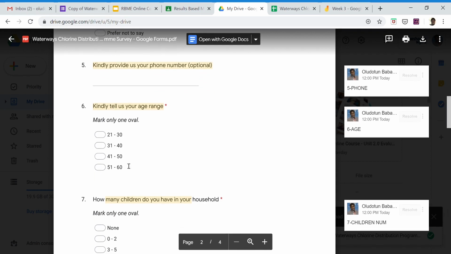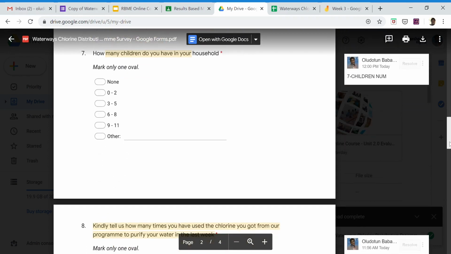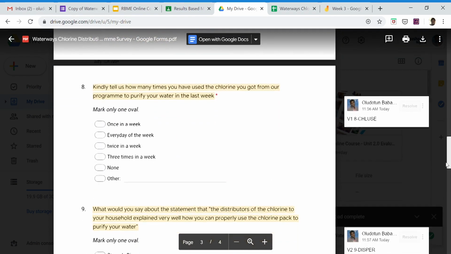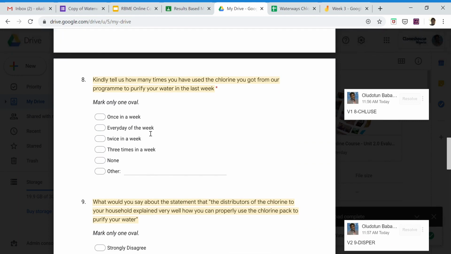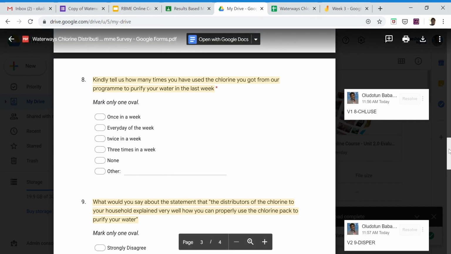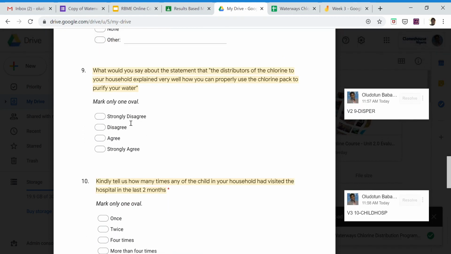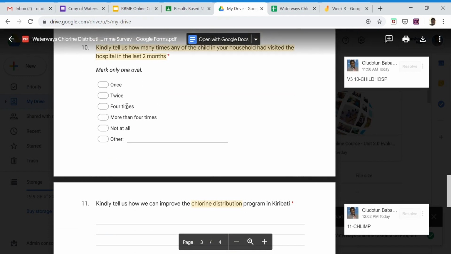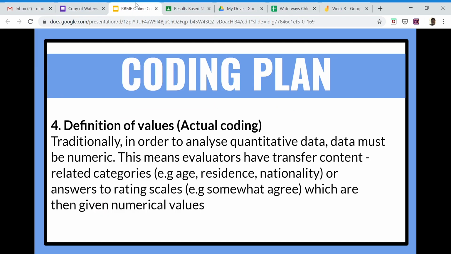Also, this is in numbers, so you don't need to bother yourself about that. And this also you will code as 1, 2, 3, or 1, 2, 3, 4, 5 as well. Then strongly disagree, you also do this 1, 2, 3, 4, and this also 1, 2, 3, 4, 5, 6. So that's what we refer to as the actual coding itself.